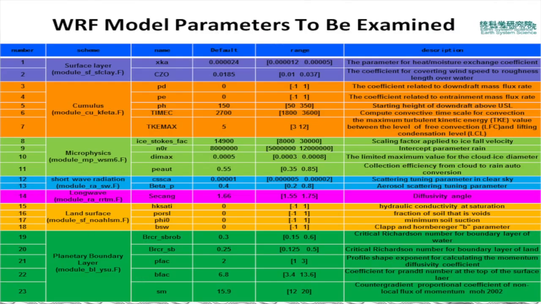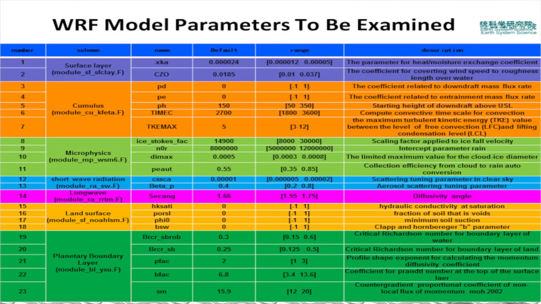These are the parameters we identified from different schemes in the WRF model. Some of the model parameters are from the surface layer, 5 came from cumulus cloud, and 4 came from microphysics. 2 came from shortwave, 1 from longwave, 4 from land surface, and 5 from the boundary layer.